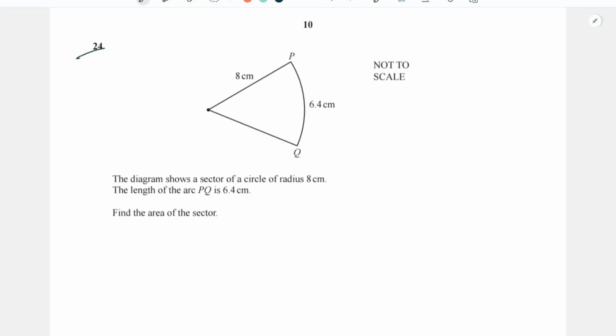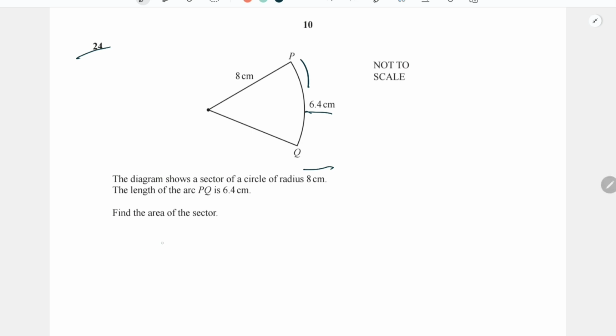Number 24. In question number 24, the diagram shows a sector of a circle of radius 8 centimeters. The length PQ, this one, is 6.4 centimeters. Find the area of the sector.